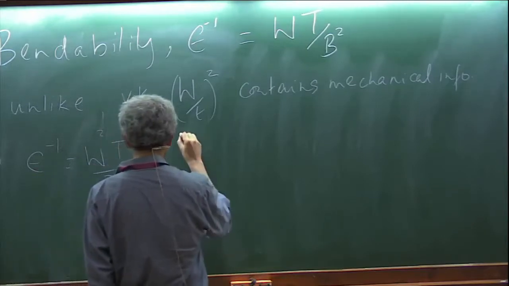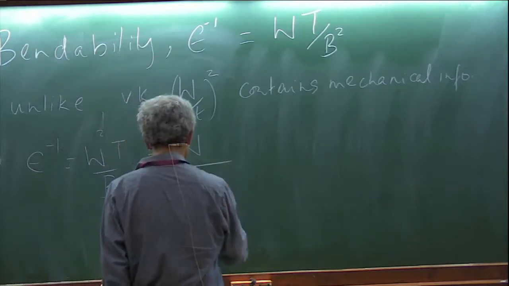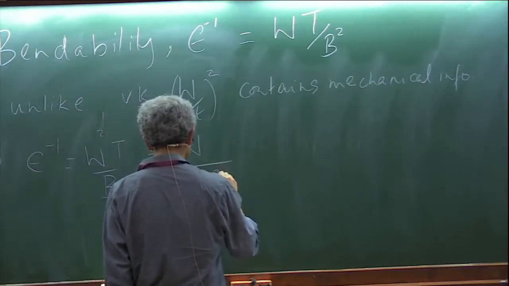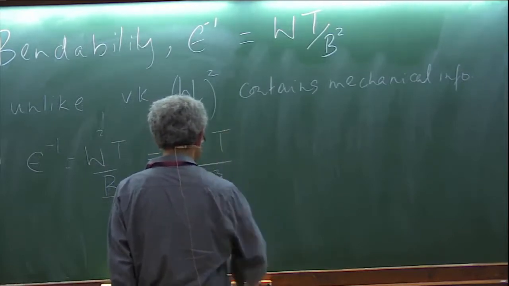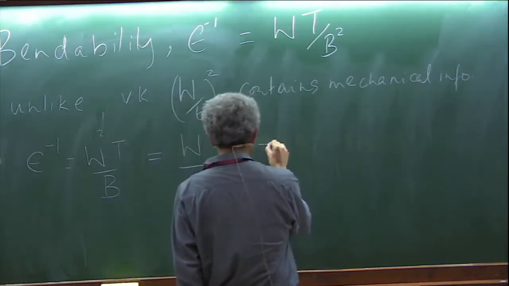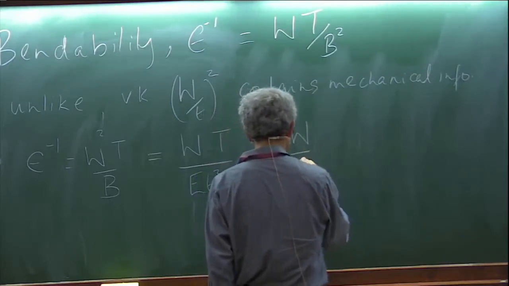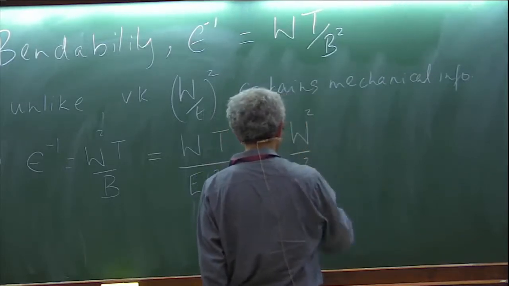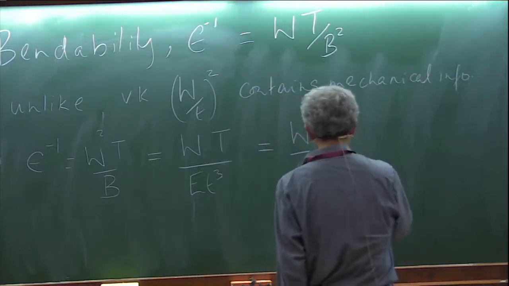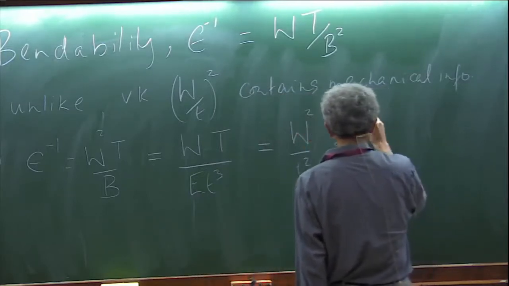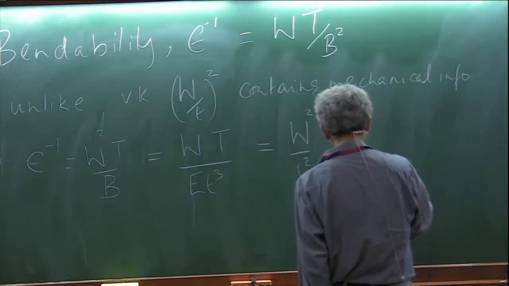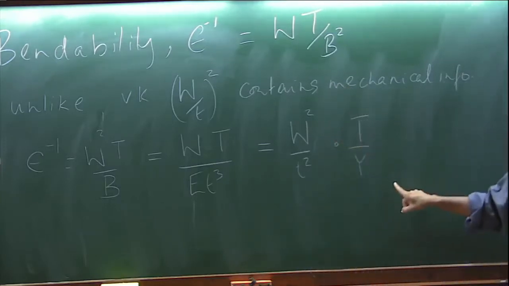I'm going to write this as Young's times thickness cubed, and now I'm going to keep one of the t squares, and I'm going to make the other t divided by y. This is E times t. This is the stretching modulus. Okay?